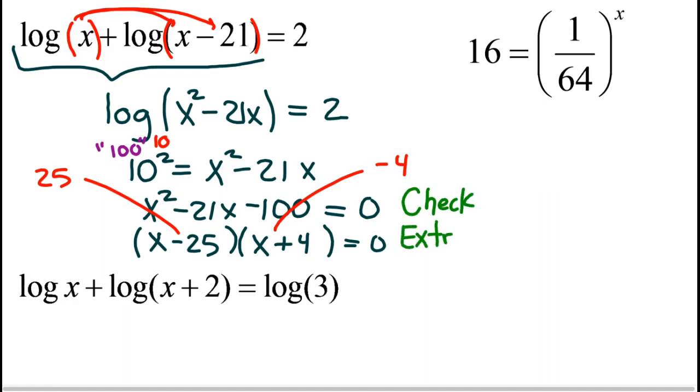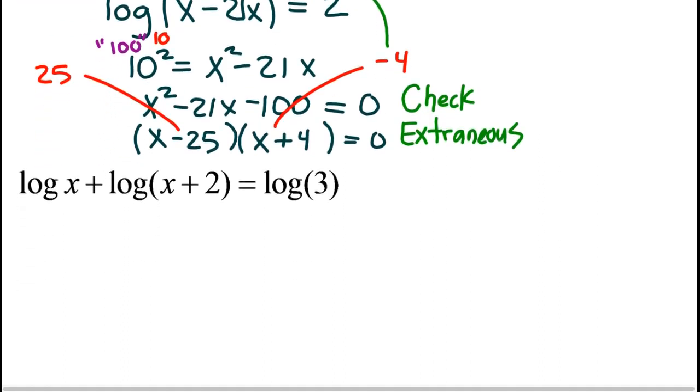Because with the negative, you might have a situation that's sort of impossible, like this negative 4. If I put negative 4 in for x, that's like saying the log of negative 4 base 10. If you think about that as an exponent, that's like saying 10 to what power equals negative 4?